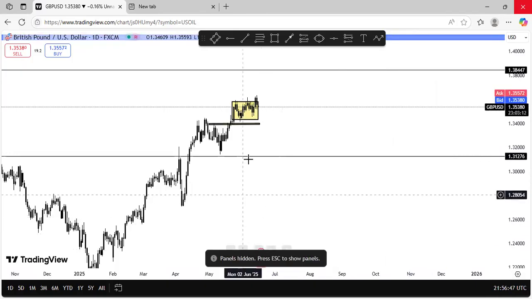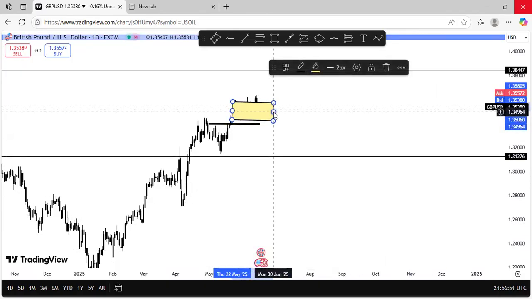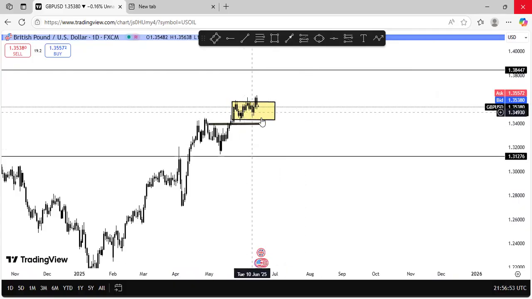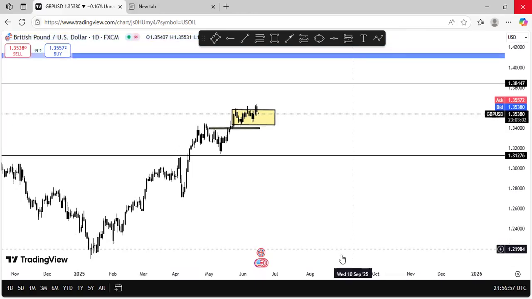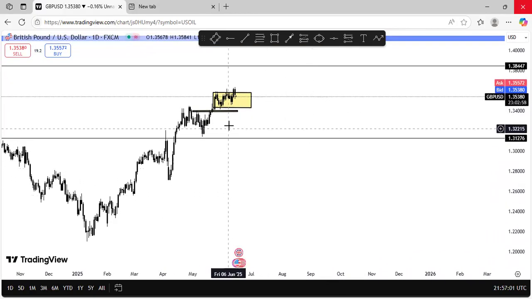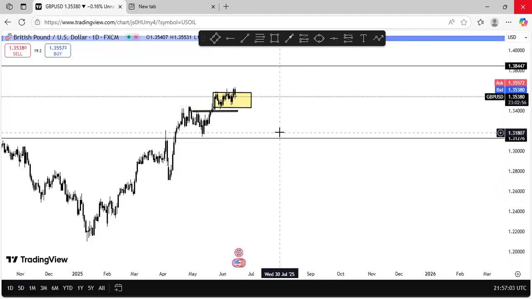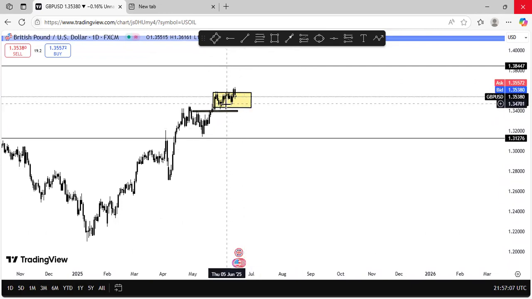On the daily time frame, we can see price in this nasty range over here. For some strange reason, the Great Britain pound hasn't yet really felt like breaking this consolidation.